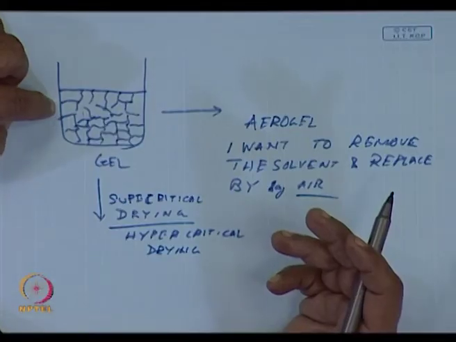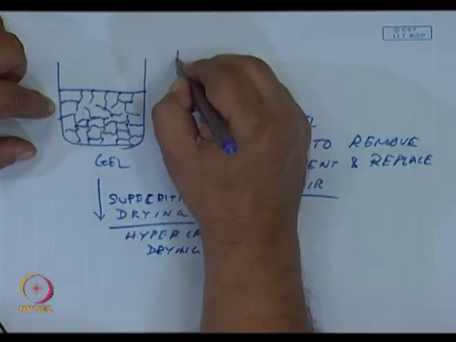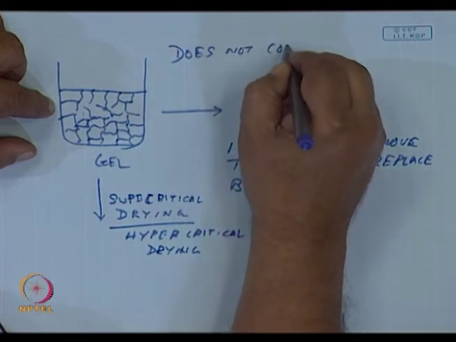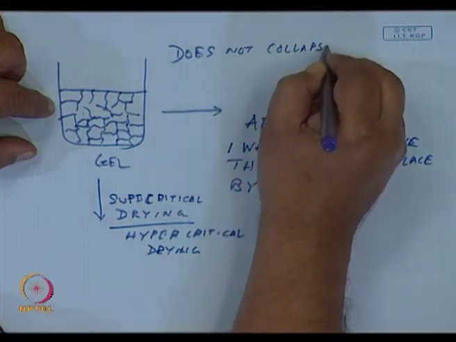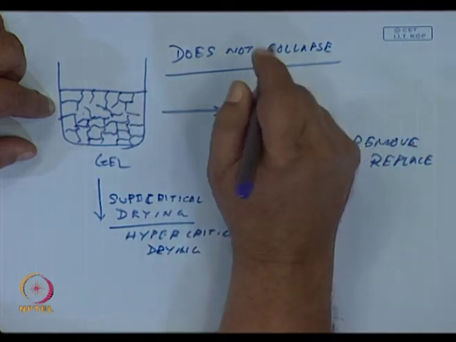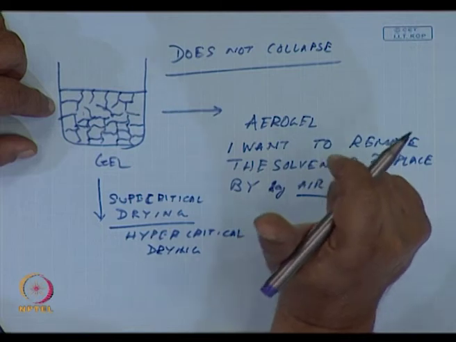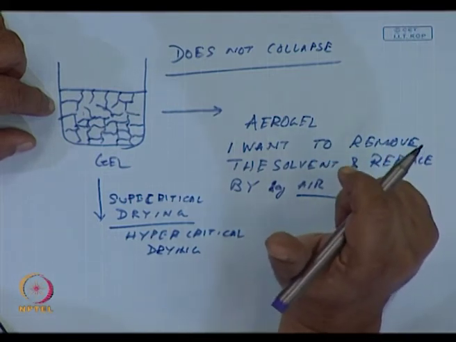I have kept it at a temperature where the liquid is all gas, and as a result, what do I gain? Here the gel structure does not collapse. Why? Because I do not have a liquid here. The liquid has not evaporated. I have subjected it to a condition where the liquid has turned to a gas.